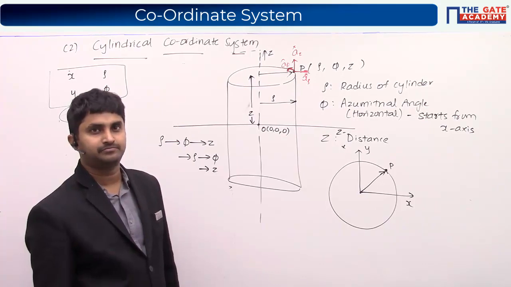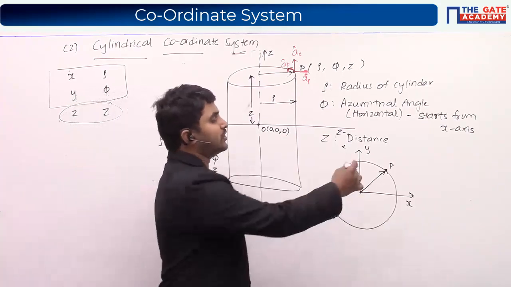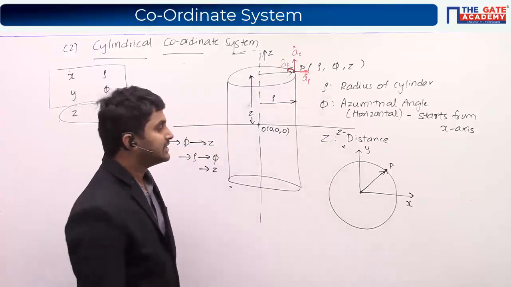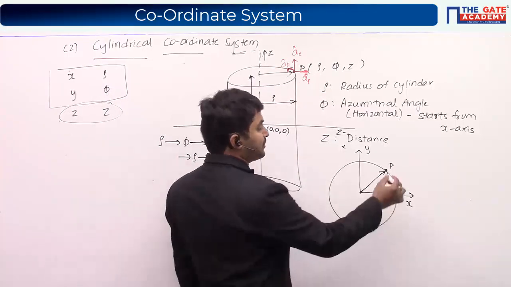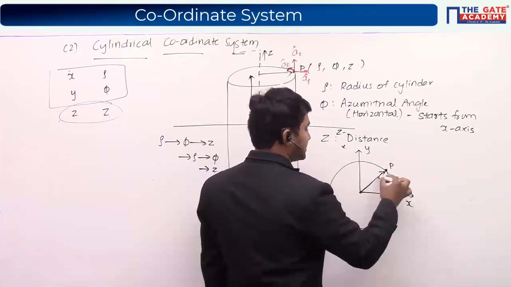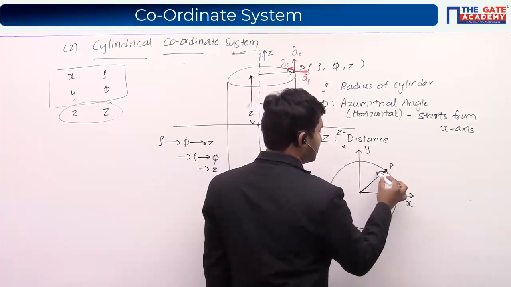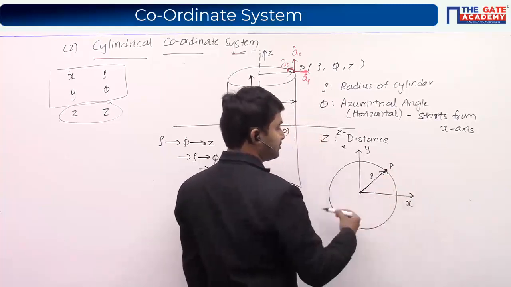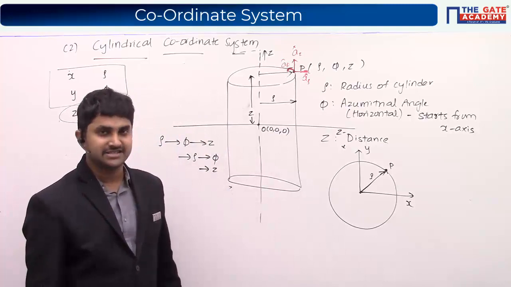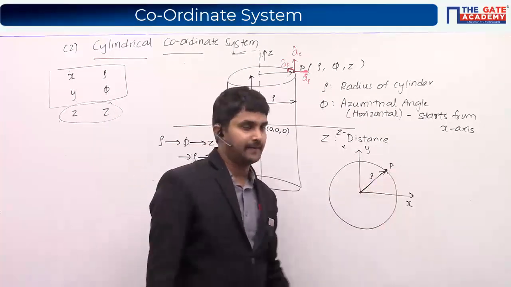Very good. This is what we call the radius. If I consider a point here, this is what I'm considering as the radial direction, the radius of the cylinder.